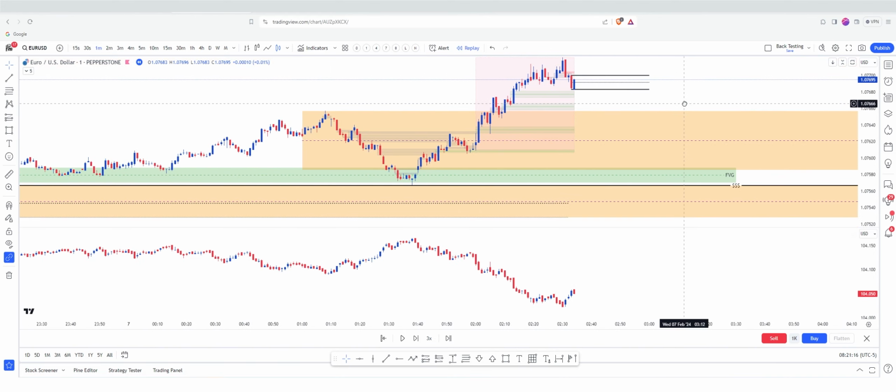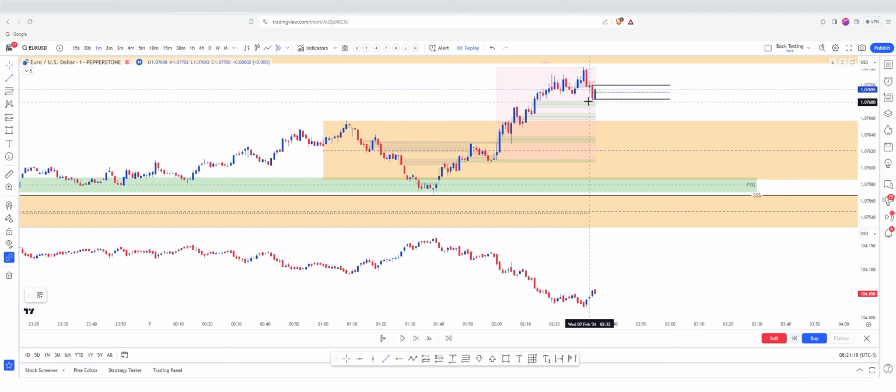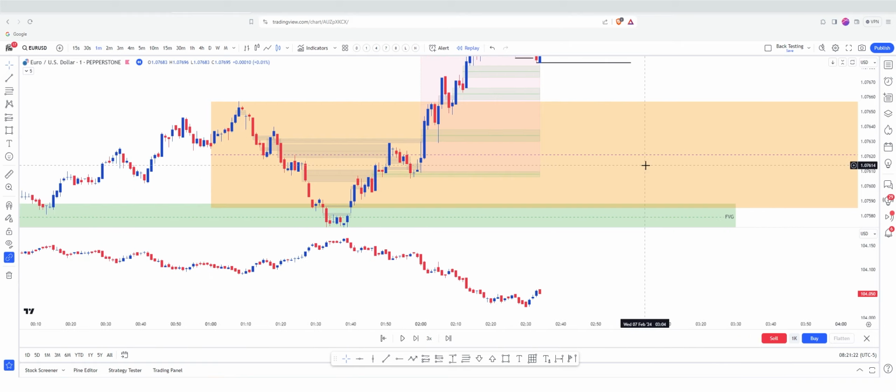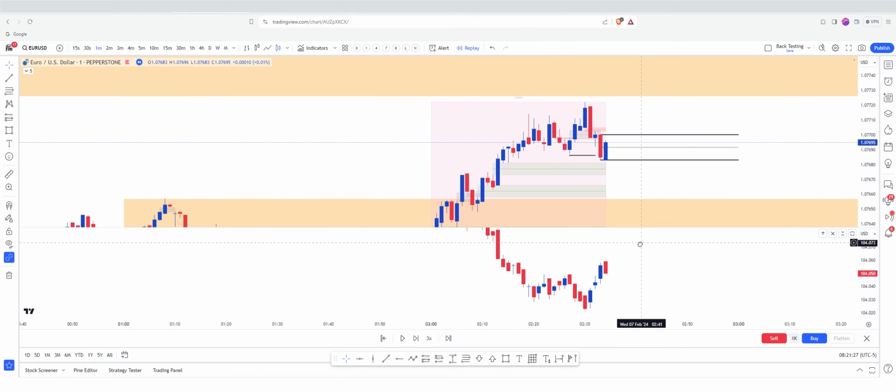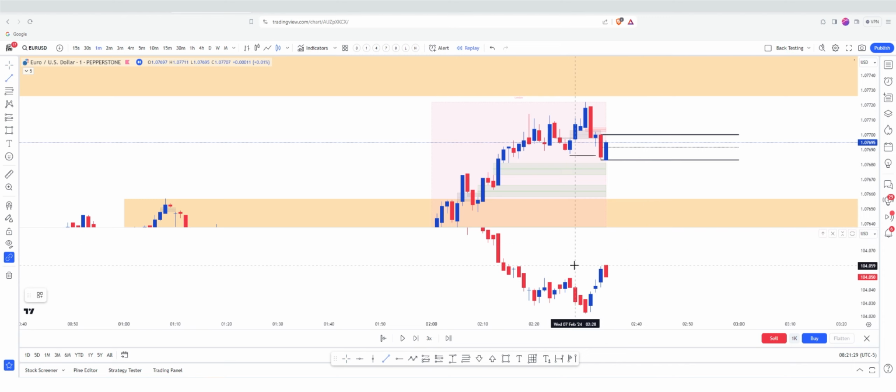So the macro's just opened. We've swept a low. Let's try and zoom in on these a little bit. Likewise, we've swept a high on the Dixie, so it's all working as expected at the moment.